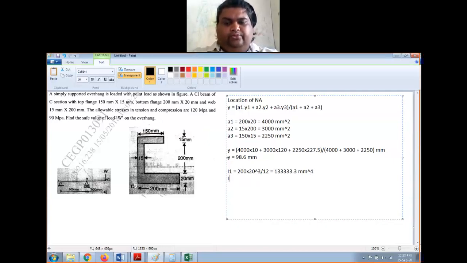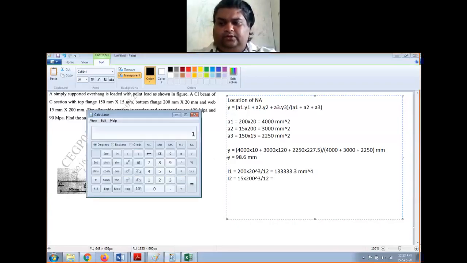Similarly, I2 is equal to B here is 15 and depth is 200, so 15 into 200 cube by 12.